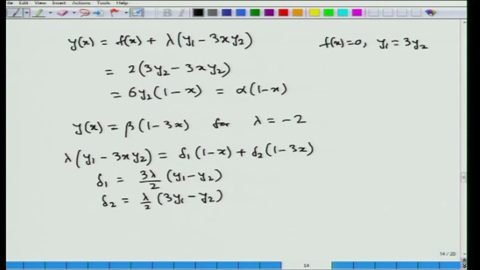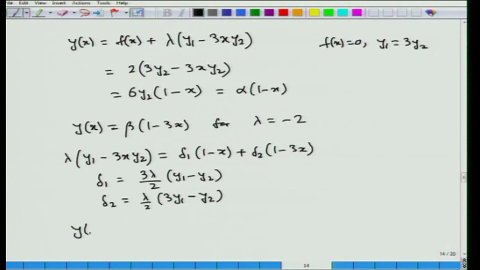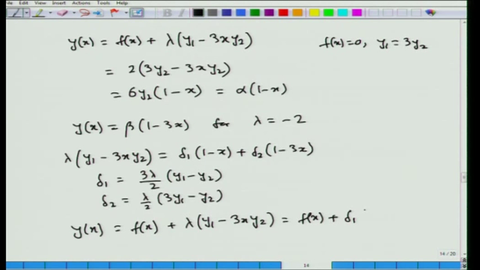So, these 1 minus x and 1 minus 3x are eigenfunctions of the associated problem, and therefore, the solution y(x) is equal to f(x) plus lambda (y1 minus 3x y2), which is nothing but the sum of the given function f(x) and a linear combination of the eigenfunctions, that is, delta1 into (1 minus x) plus delta2 into (1 minus 3x).